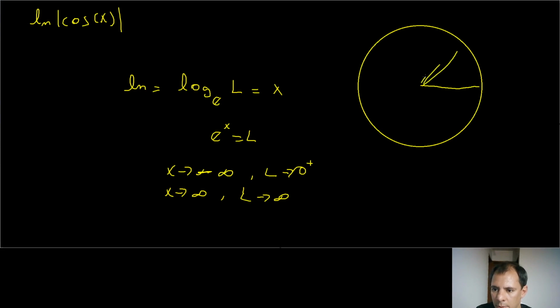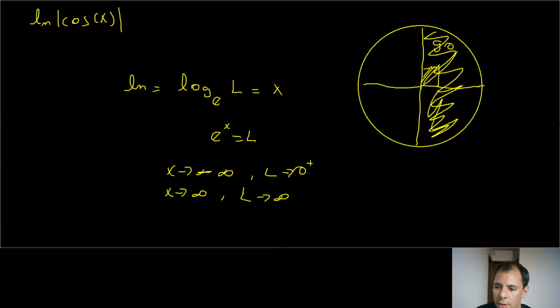And then you have 90 degrees here, 180 over here, 270 here, and here 360, which goes back to 0. Well, the cosine is just positive on the right side here.